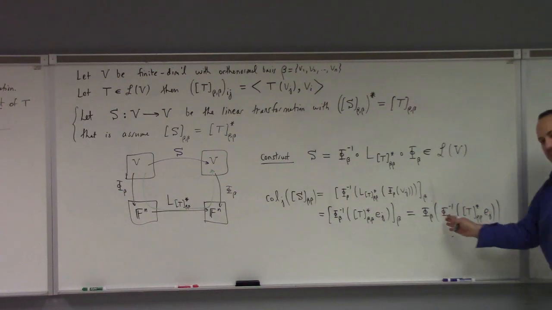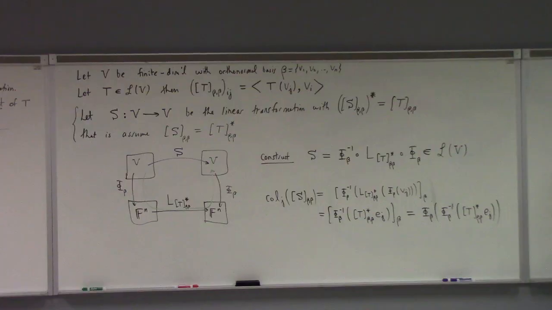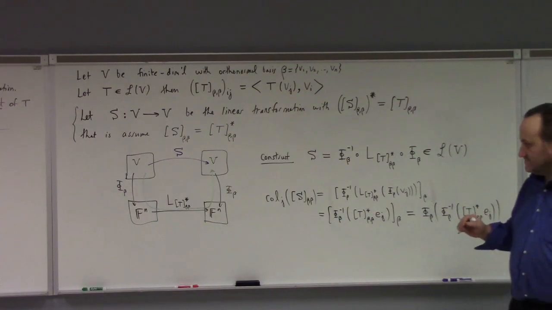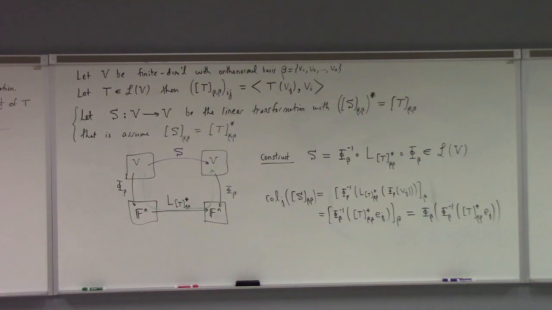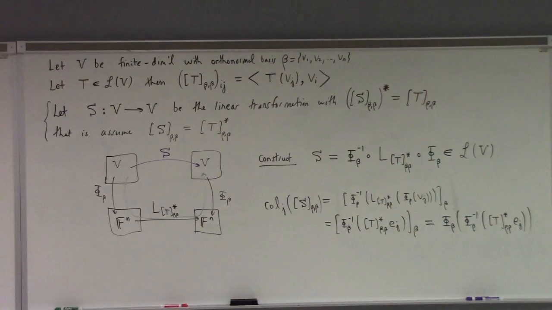Okay, of course these cancel, and what are you left with? The Hermitian adjoint of the matrix of T times Ej. What is that?